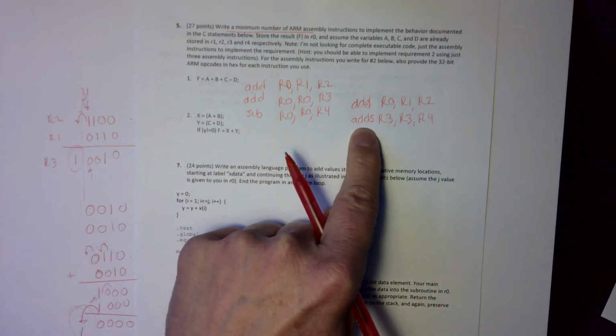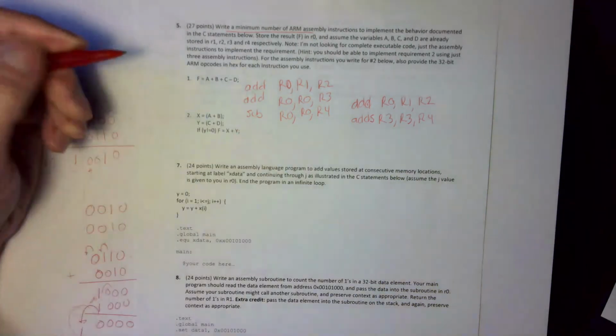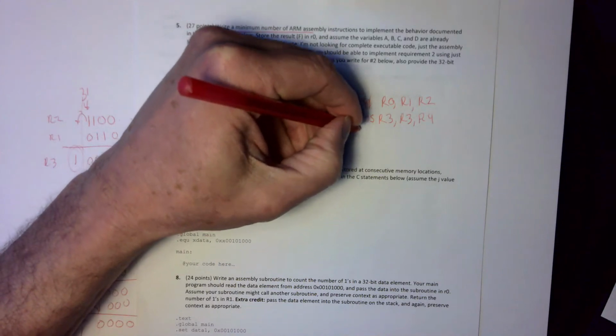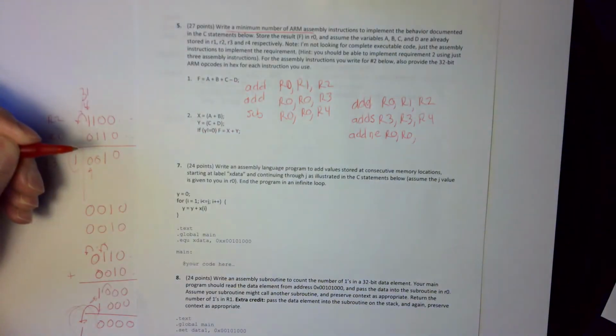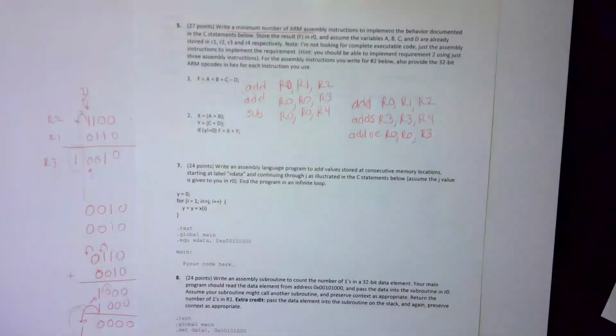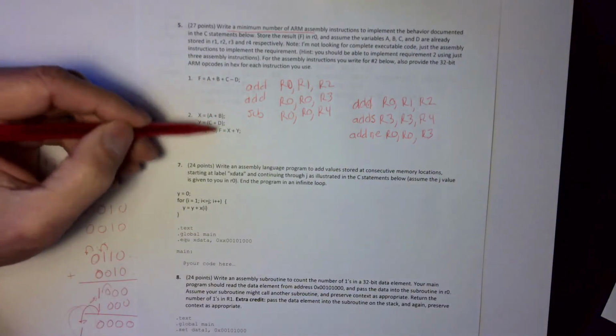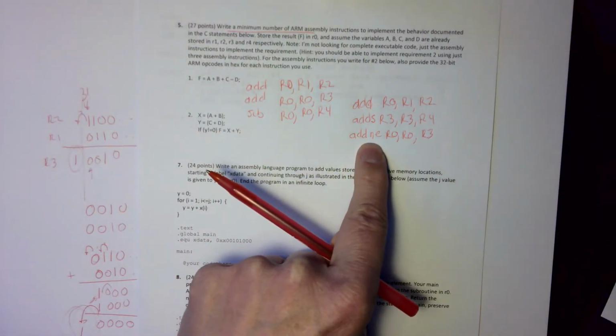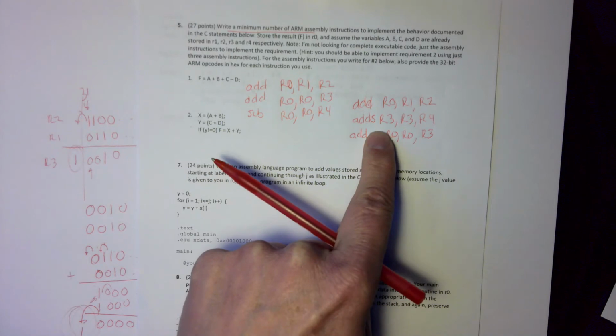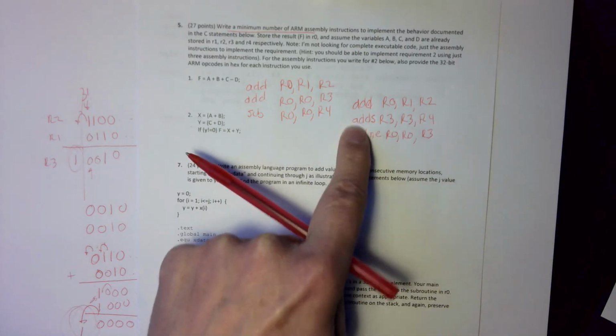The flags are now set, so I can say add NE, if it's not equal to 0: R0, R0, and R3. So in just 3 instructions, I can do everything by using conditional assembly. This add will not happen if the result of the previous instruction was 0.